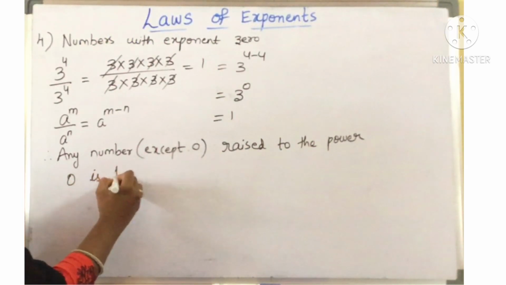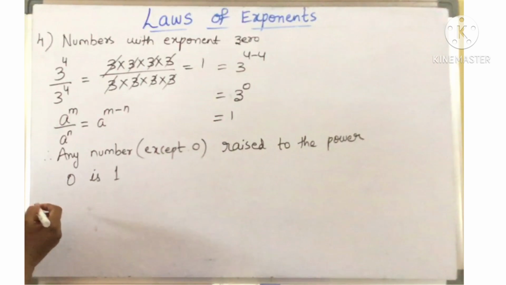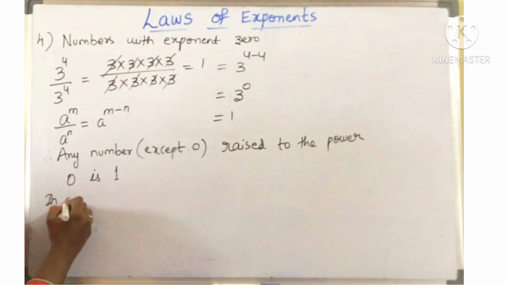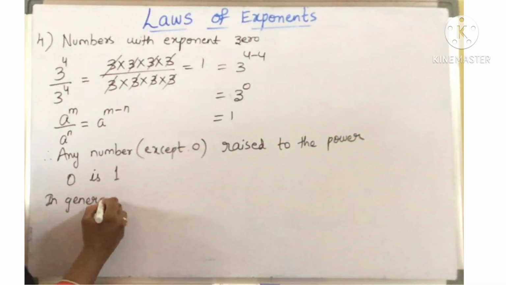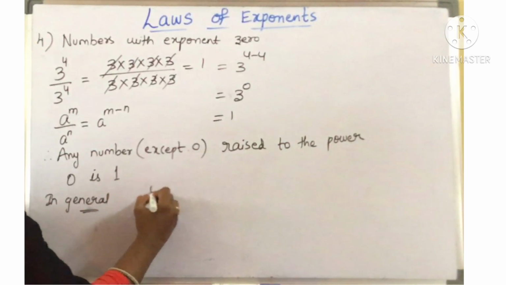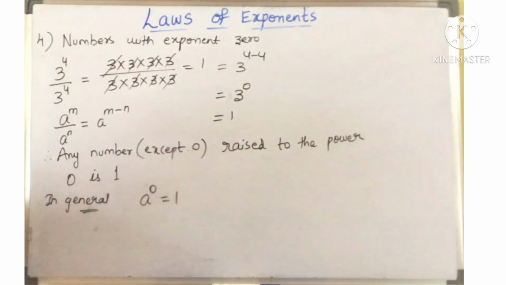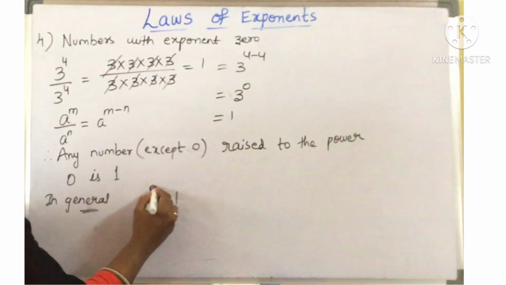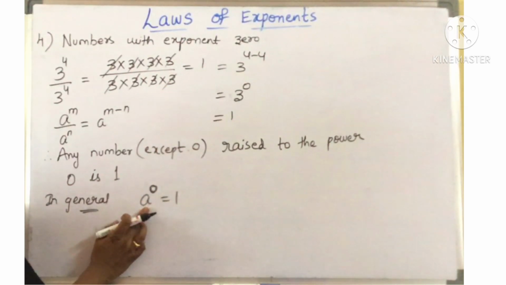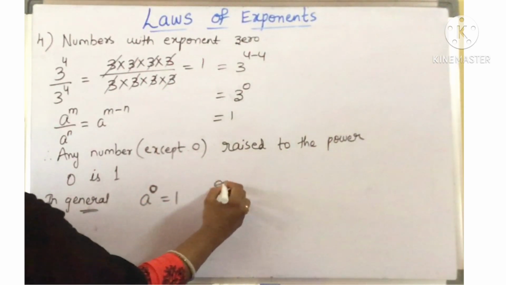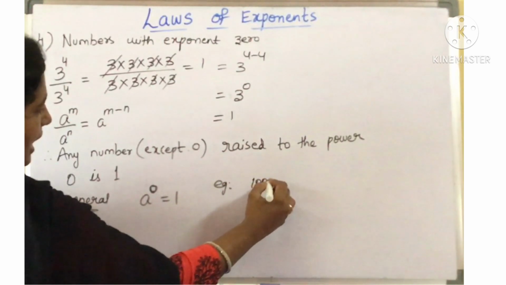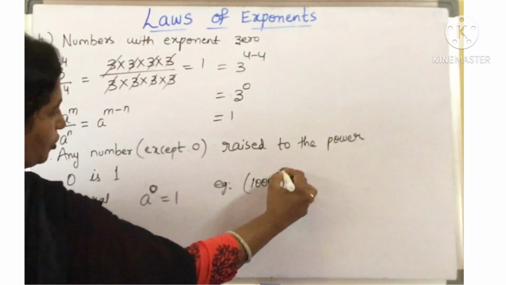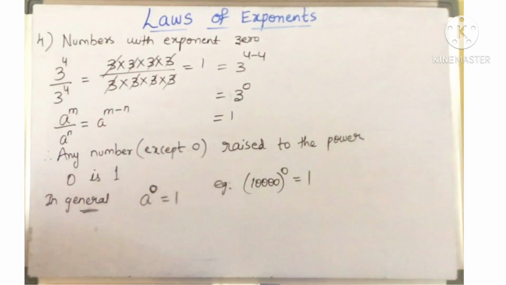So in general, how do you write, children? In general, a to the power of 0 is nothing but 1. Any number to the power of 0 is 1, but the base should not be 0. Example, 1 lakh to the power of 0 gives you 1. So this is numbers with exponent 0.